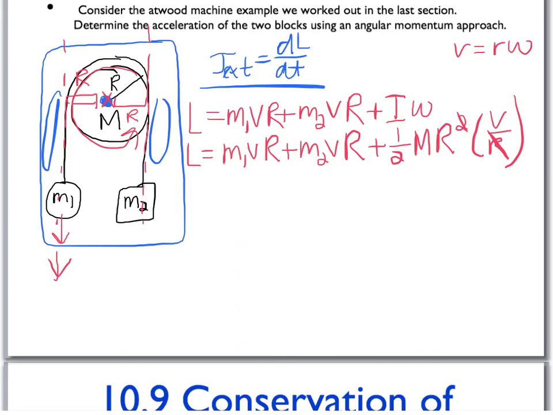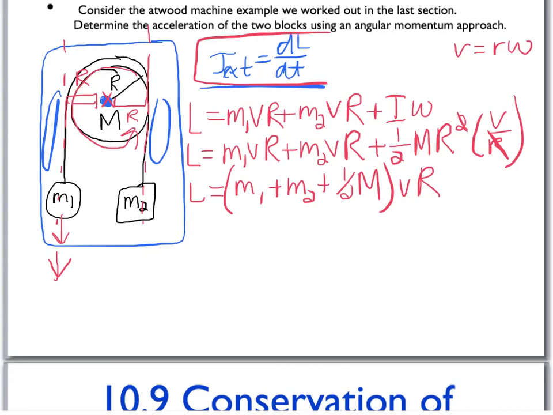Since everything has this R, we could actually pull the R outside, and everything has a V, so we could pull the V outside as well. So we really have an M1, an M2, and a 1/2 capital M, all being multiplied by a V and an R.